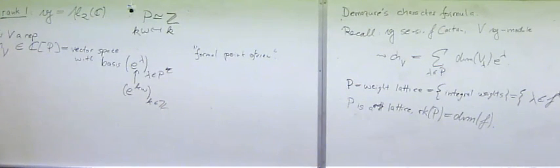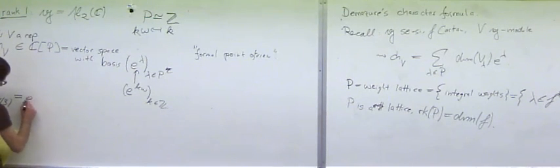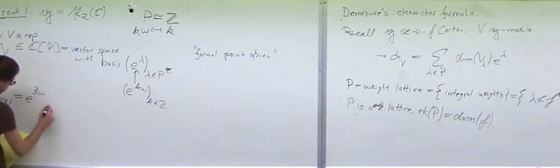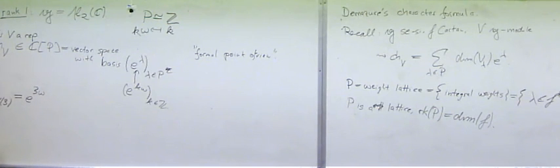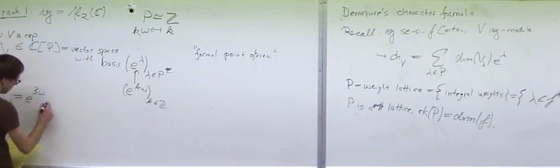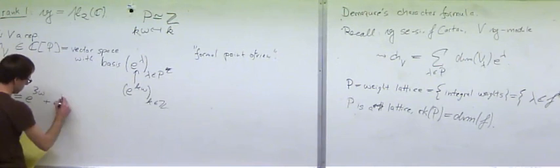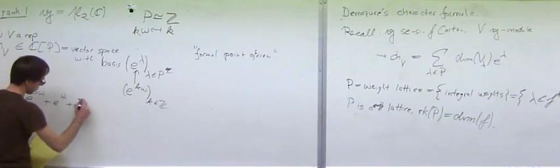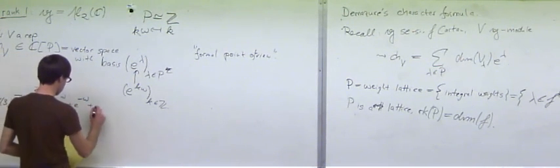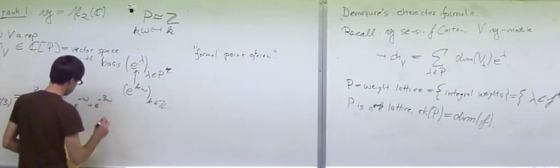For example, what's the character of V3? The highest weight is e to the 3 omega, and the corresponding weight space is one-dimensional, so the coefficient is 1. Plus then there is e to the omega, e to the minus omega, e to the minus 3 omega.